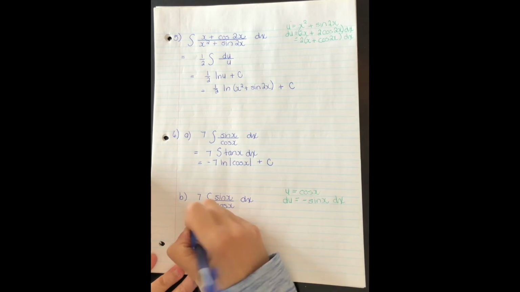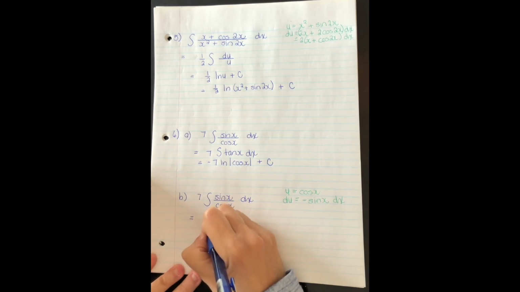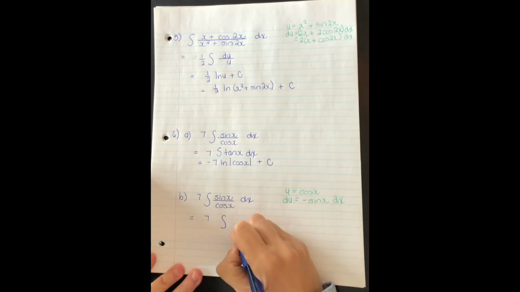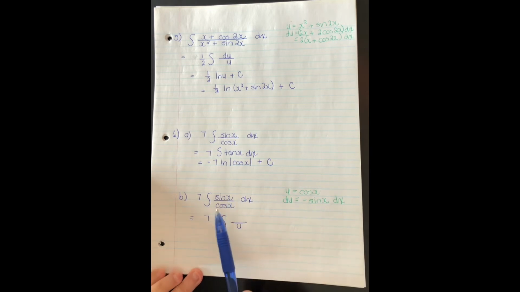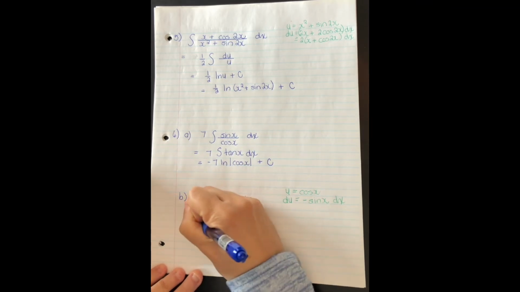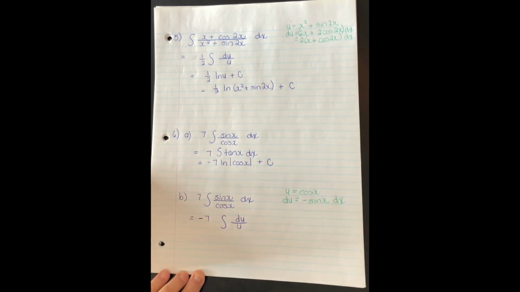Okay, so again, we have our 7 here. We have our integral sign. U is the denominator. But on top we have sine dx, not negative sine dx. So we have the negative of du in the top, the negative of du. So we put the du here, and the -1 can multiply by the 7 that is already out front.